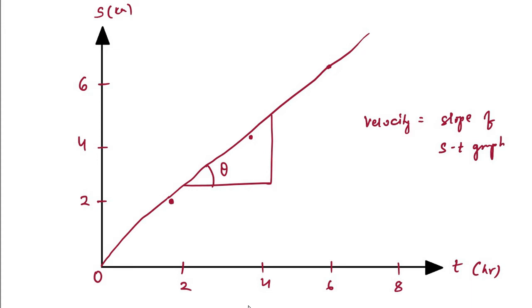So if we want to calculate the velocity between any two points, let's say this point and this point, what we have to do is determine the displacement for this time duration, delta s, and the time gap for these two points.